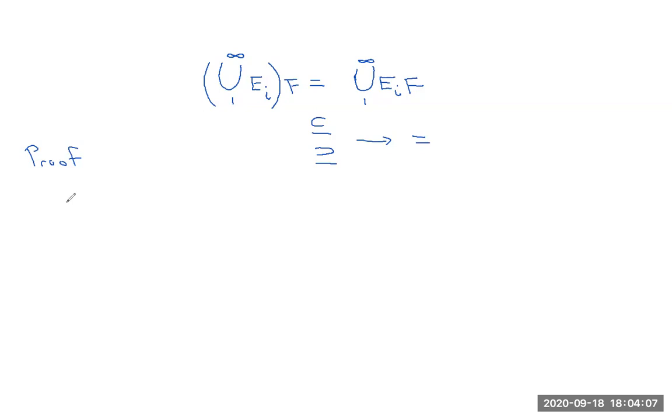So to start off, we're going to show that the left-hand side of the equality is a subset of the right-hand side. So i is going to be an element of the natural numbers.